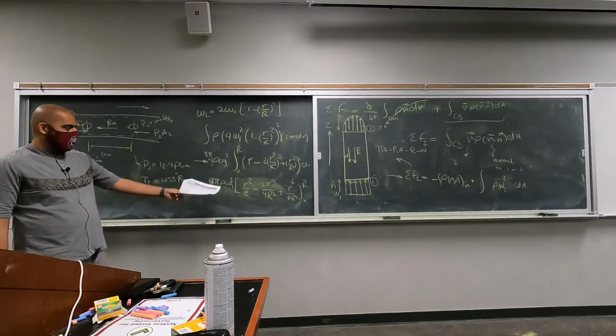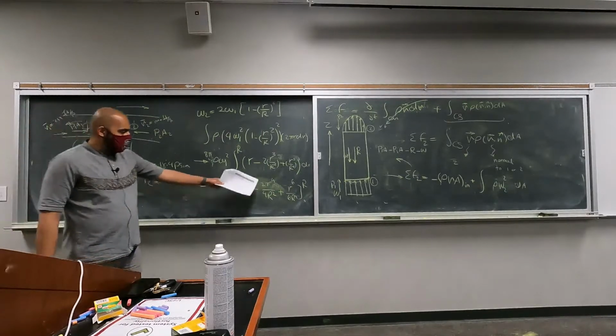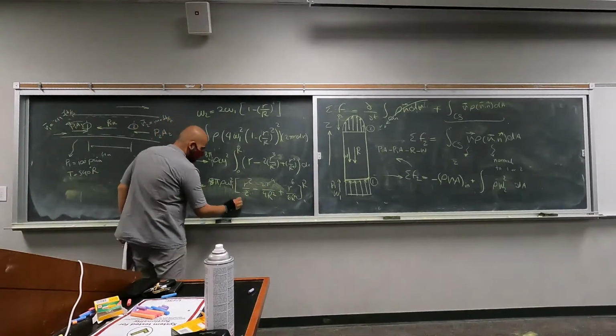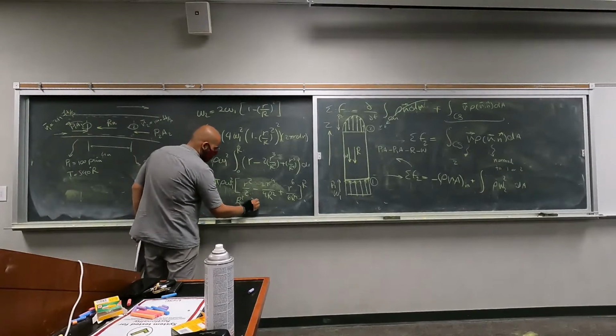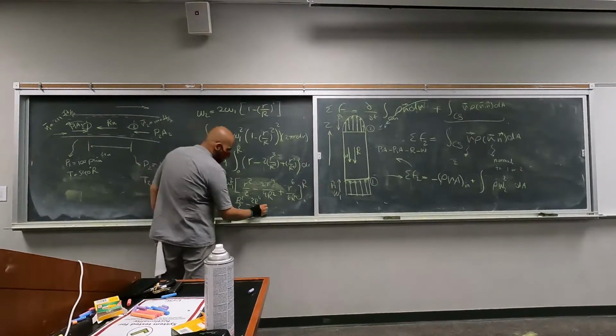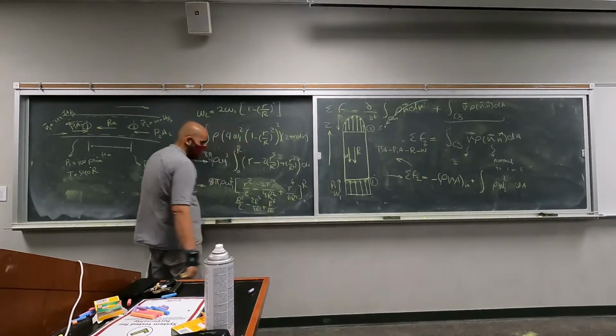If you put in R, you're going to have R squared divided by 2 minus 2R to the fourth over 4R squared, plus R to the sixth over 6R to the fourth.